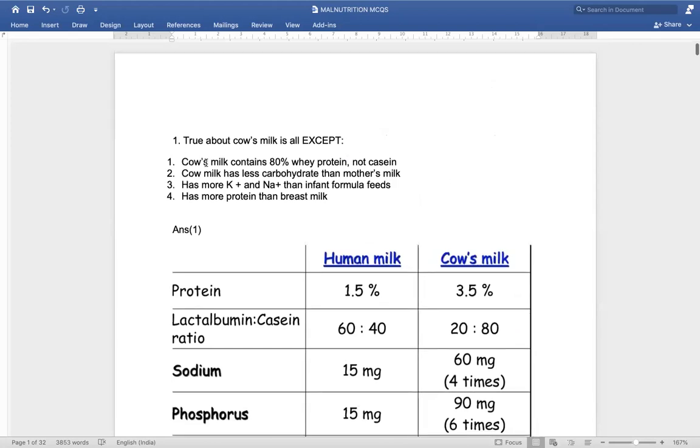So first option, cow's milk contains 80% whey protein, is wrong. Cow's milk contains only 20% whey protein and 80% casein. So first option is wrong.